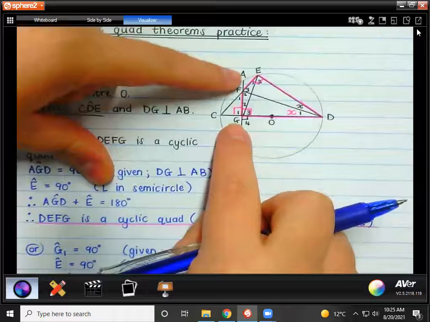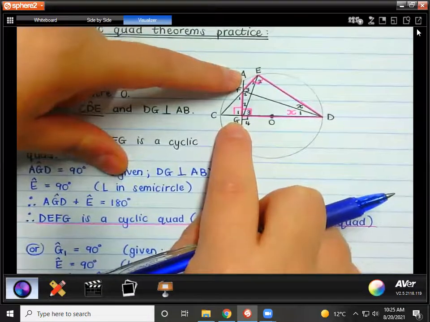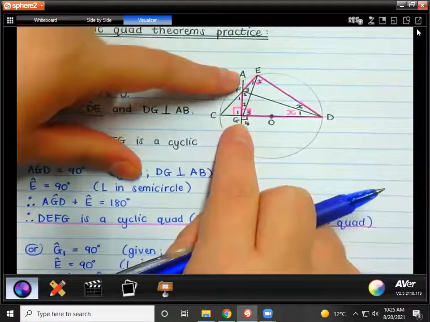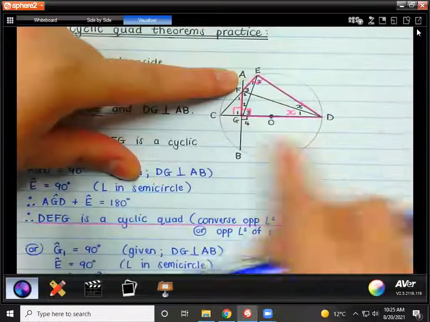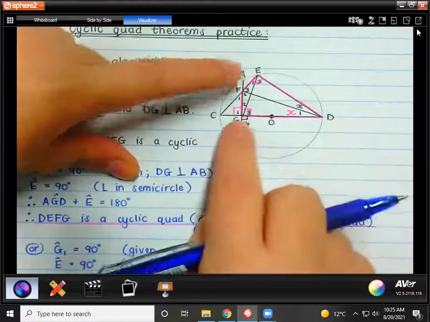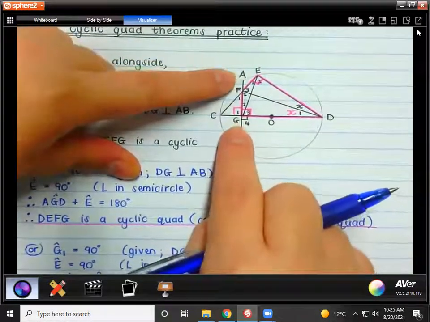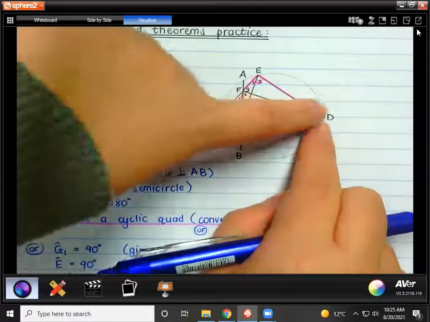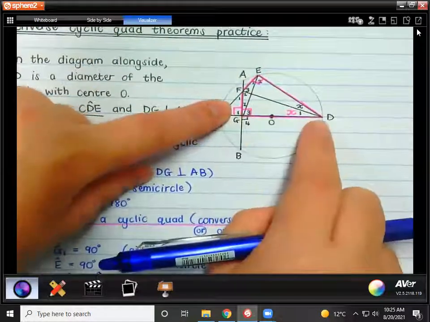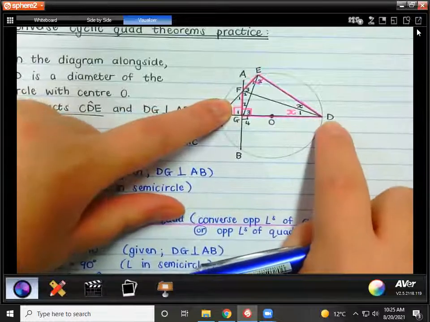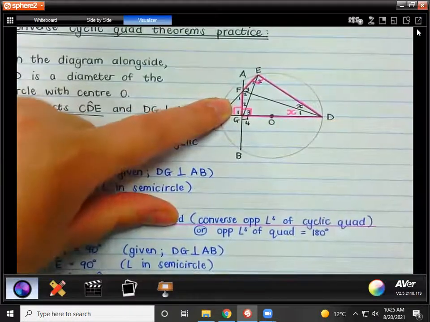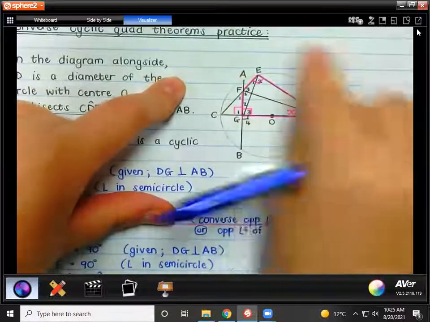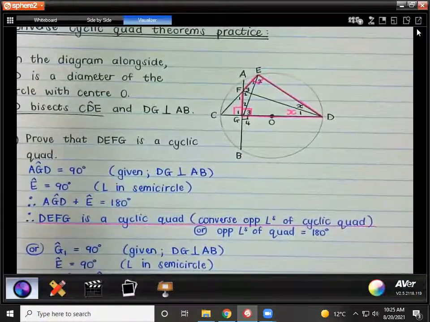It would also make FG a chord, right? Because both of these would be points on the circumference. If it's a cyclic quad, that means that all 4 points lie on the circumference of a circle. So FG is a chord. Now guys, do we notice that FG is then subtending angle D1? And isn't D also on the circumference of this imaginary circle that we can't see, right? Because these 4 points lie on the circumference of a circle.